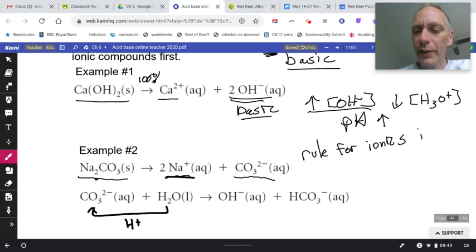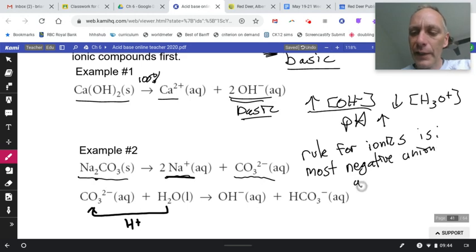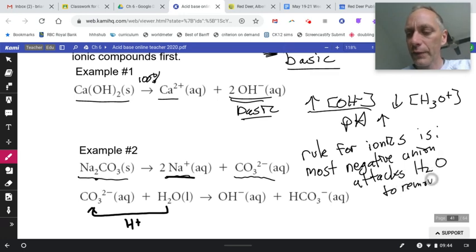The rule for ionics is the most negative anion attacks water to remove the H plus. And that makes sense when you think about it, because the more negative you are, the more likely you can pull on that H plus and rip it from water.